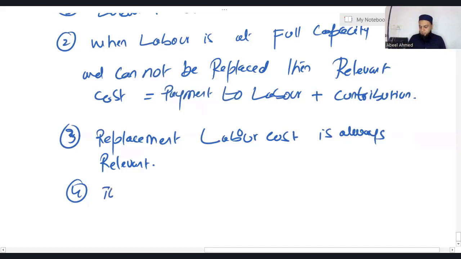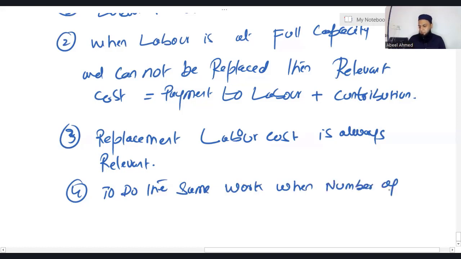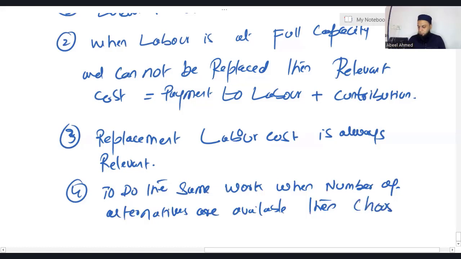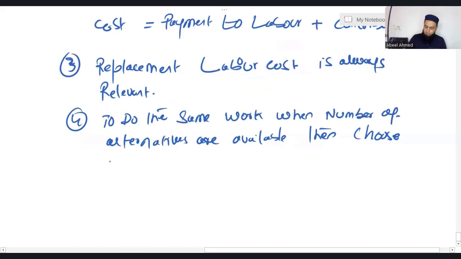So to do the same work, when a number of alternatives are available, choose the one which has a lower cost.